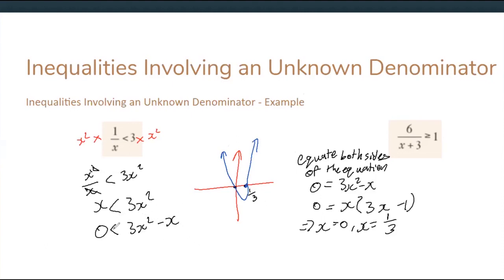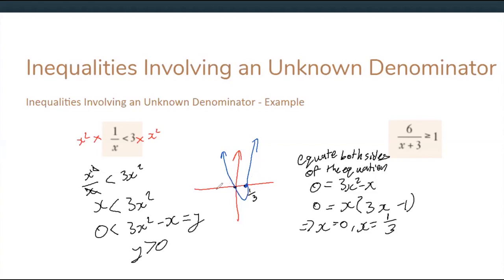Because here, the inequality region I want is when this function is bigger than 0. And the function is equal to the y values. So if I let that equal y, I want when my y value is greater than 0. So when is the y value greater than 0?